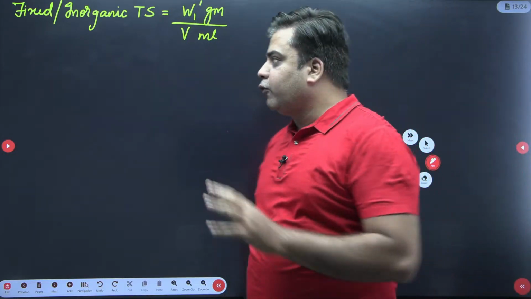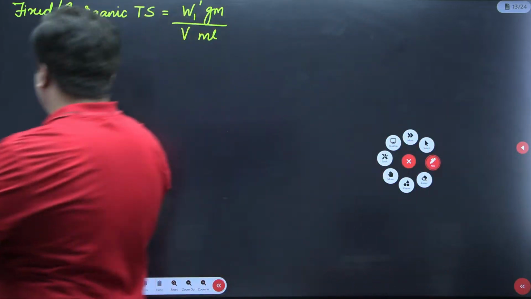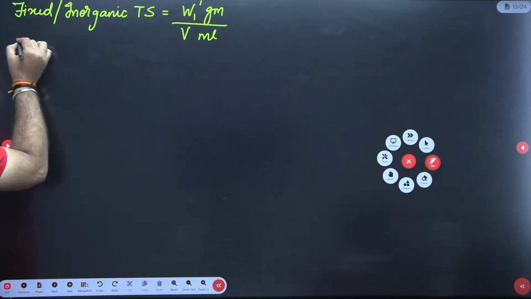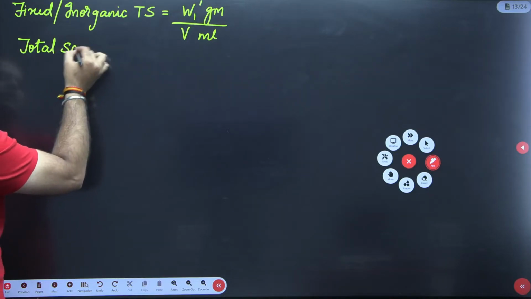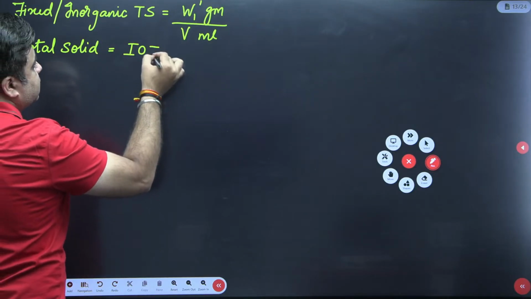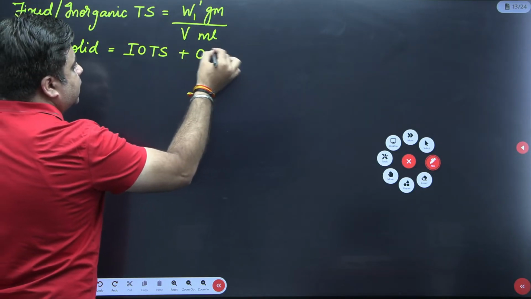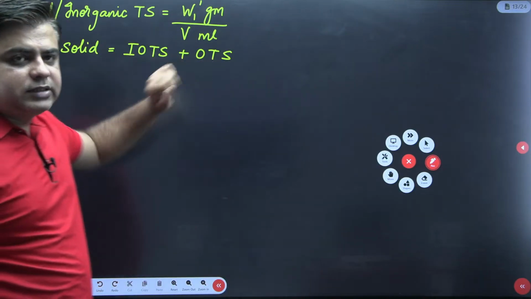Now from here I can calculate the concentration of organic total solids. How will we do that? I know that total solids is the sum of inorganic total solids plus organic total solids.